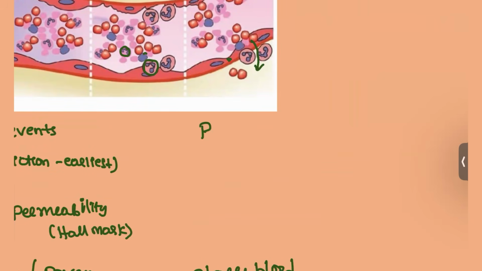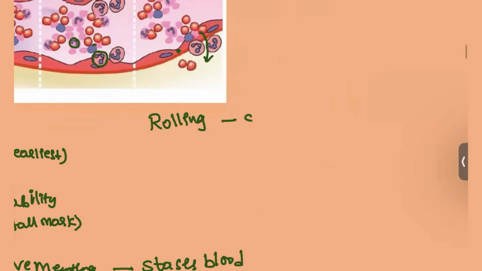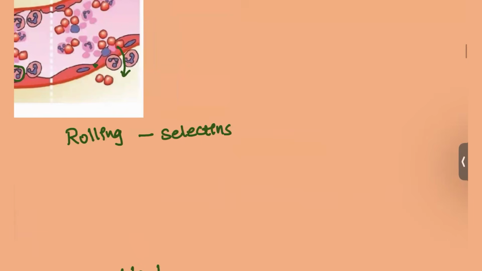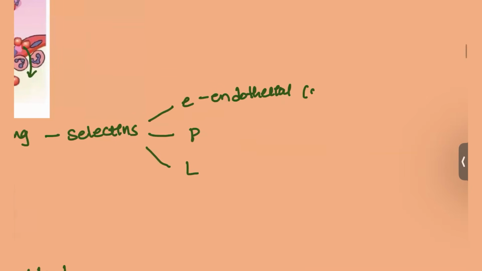Rolling is going to have the property known as selectins. These selectins are going to play the major role. What are those? E-selectin, P-selectin and L-selectin. E for endothelial, which will contain the sialyl Lewis X factor.